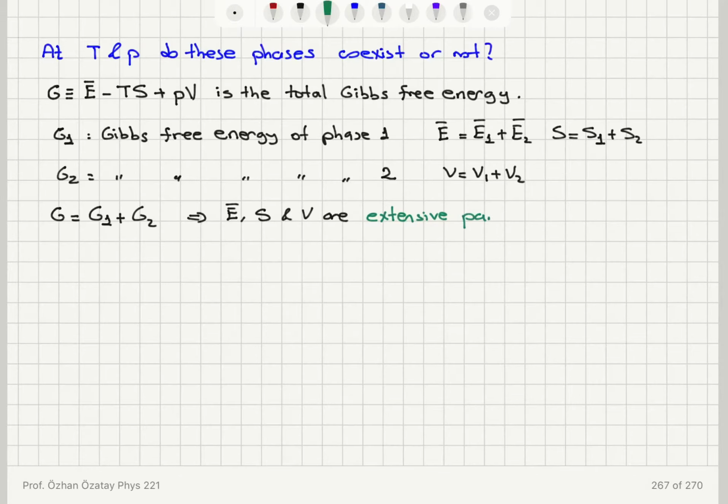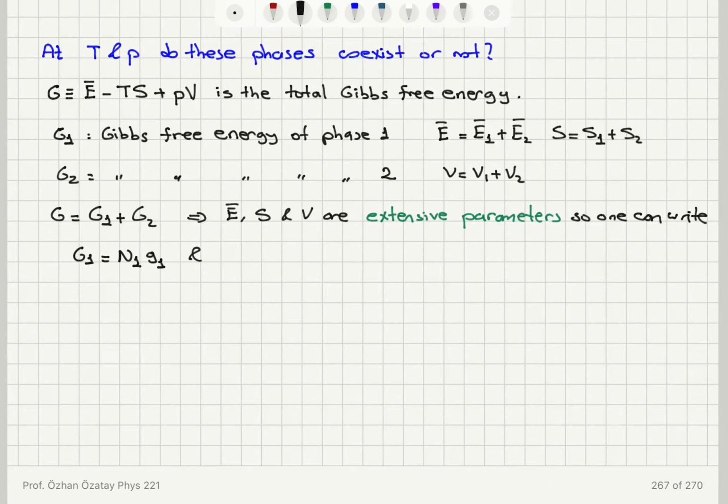So they depend on the size of the system, and therefore the total Gibbs free energy, or Gibbs free energy per phase, is an extensive parameter as well. In order to make it intensive, one can write the Gibbs free energy of phase 1 as the number of molecules in phase 1 multiplied by the Gibbs free energy per molecule.